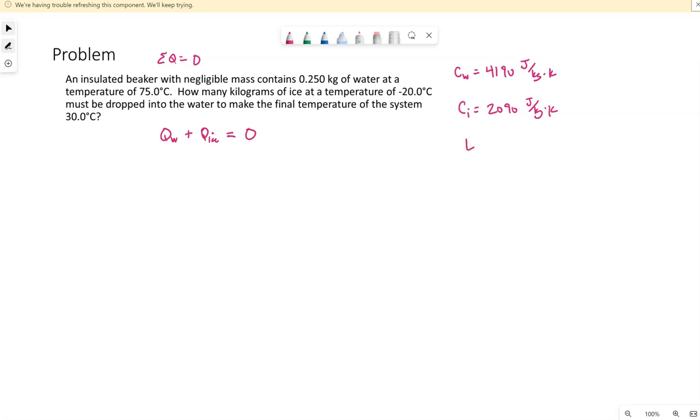We will need the latent heat of fusion because we need to take the ice from the solid phase into the liquid phase. So that one is 3.33 times 10 to the 5th joules per kilogram.